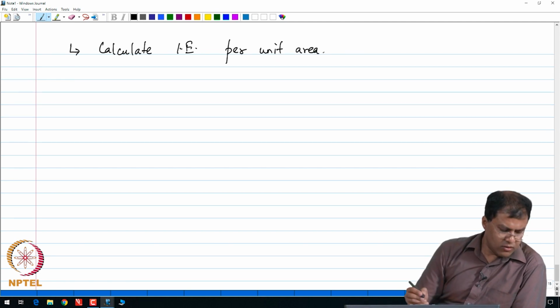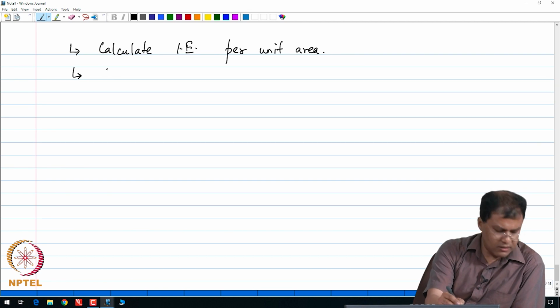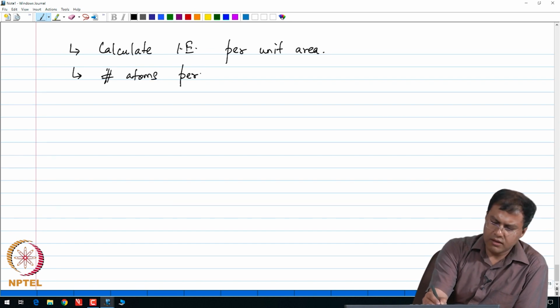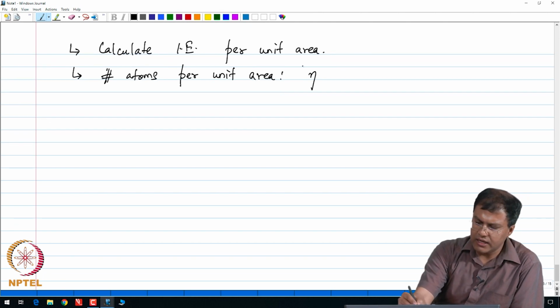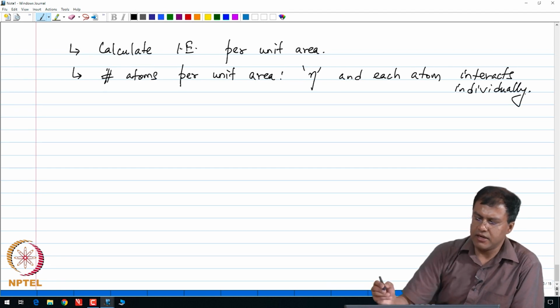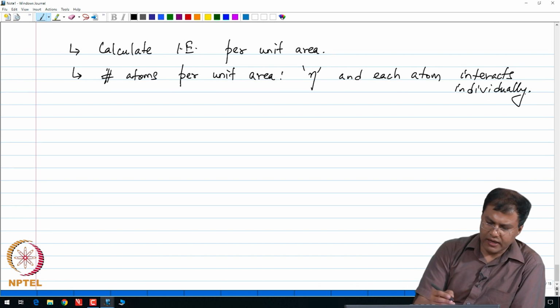Okay. So, let me introduce the concept of eta. I denote the number of atoms per unit area as eta, and each atom interacts individually with the other plane.